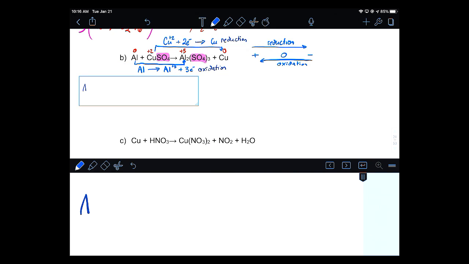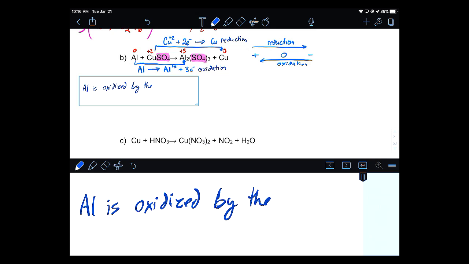So we can say that aluminum is oxidized by the oxidizing agent.